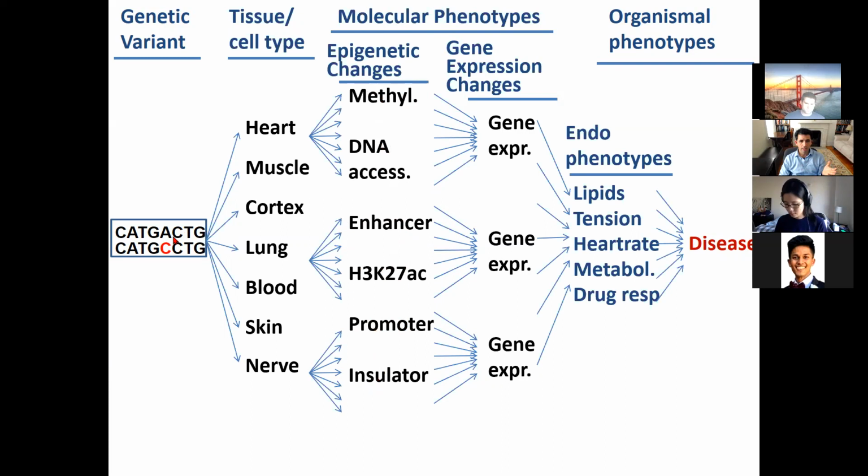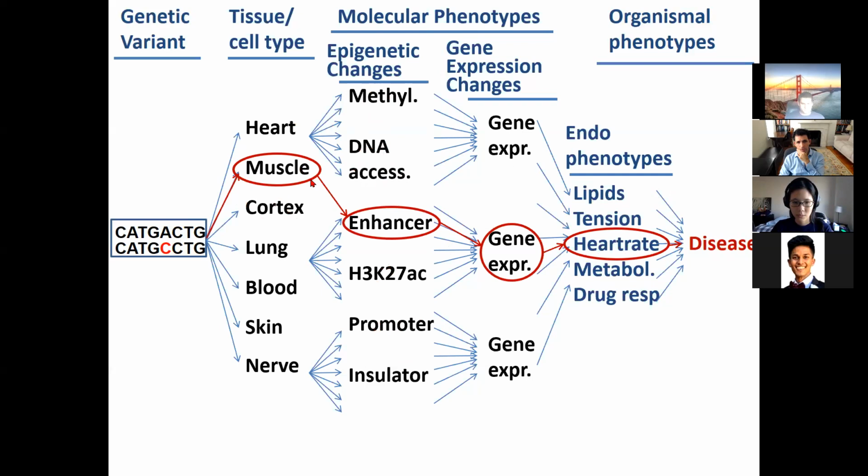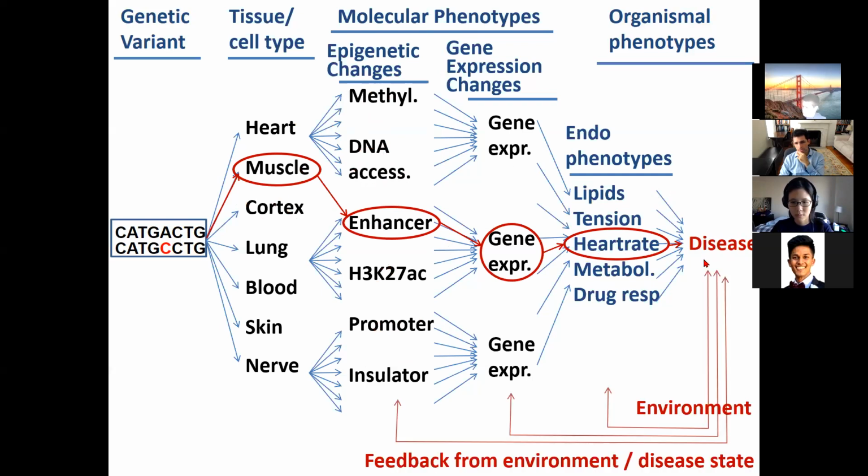So basically, we can define cell type and tissue specific eQTLs and any kind of molecular QTLs, such as methylation QTLs, enhancer QTLs, accessibility QTLs, and so on and so forth. And also quantitative trait loci that impact, say, the level of lipids or metabolism and so on and so forth. And that allows us to now bridge that gap between genetic variation and ultimately disease.